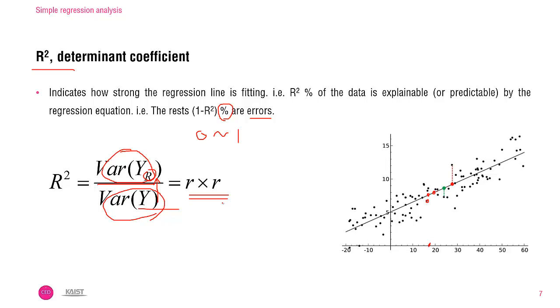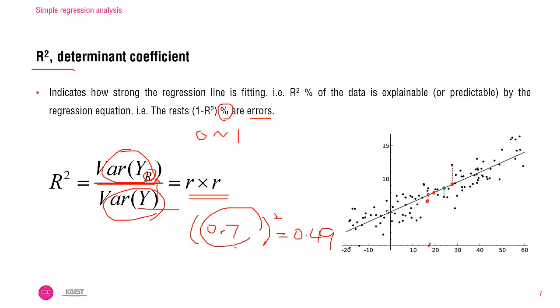When the correlation coefficient between two variables is, let's say, 0.7, which is considered quite a large strength, the regression line actually barely explains half of the data, because you get 0.49 by squaring 0.7.